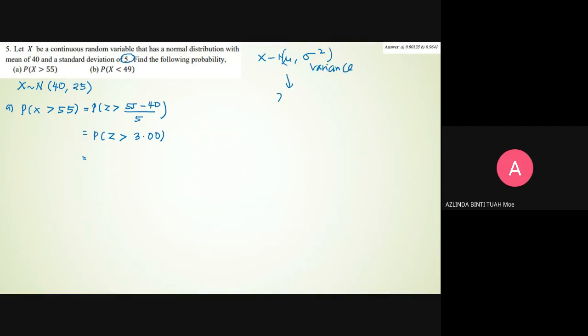Kalau yang dalam simbol Z tu, X minus mean over standard deviation. Bagi dengan 5 lah. Oh, okay. So terus dari table 0.00135. Okay, clear ya? Jangan confuse variance dekat mana, standard deviation dekat mana. Variance di atas, standard deviation di bawah.